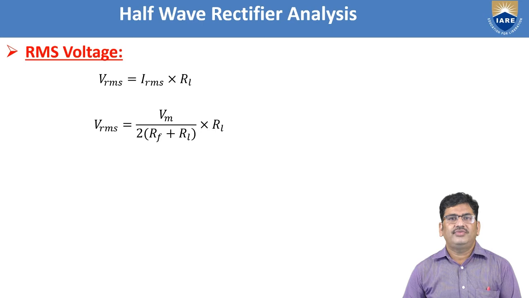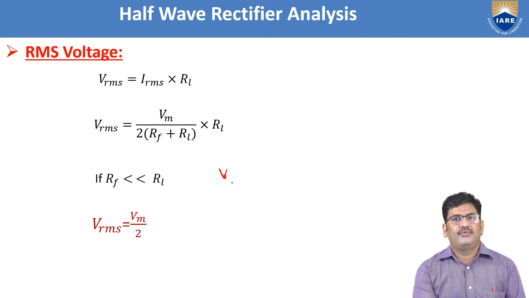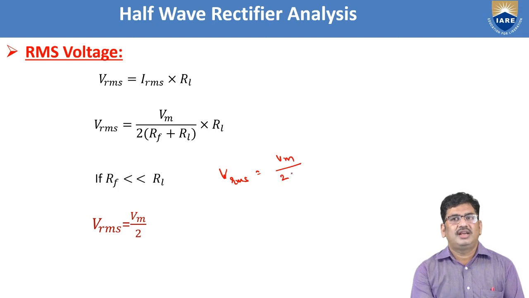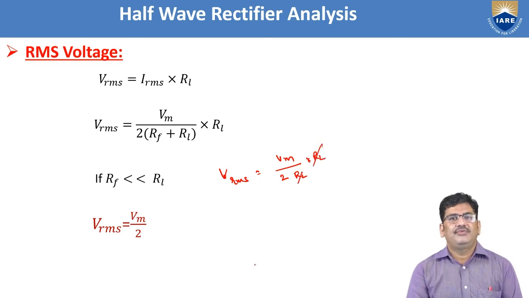As we know, Rf is much less than RL, so VRMS is reduced to Vm divided by 2 into RL by RL. RL gets cancelled. Then you'll get VRMS is equivalent to Vm by 2.